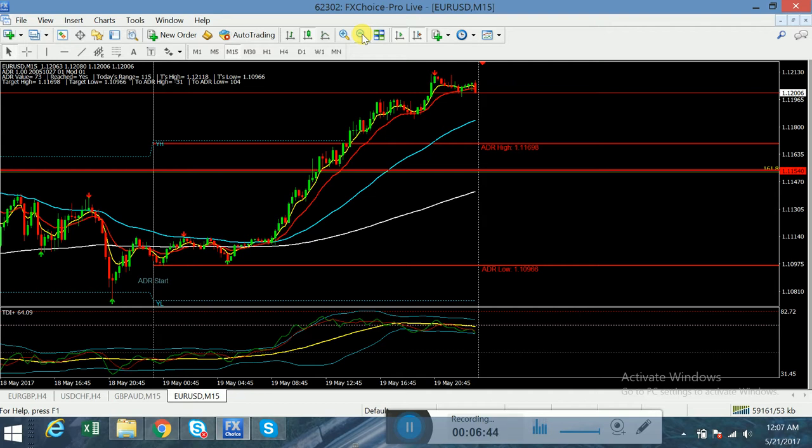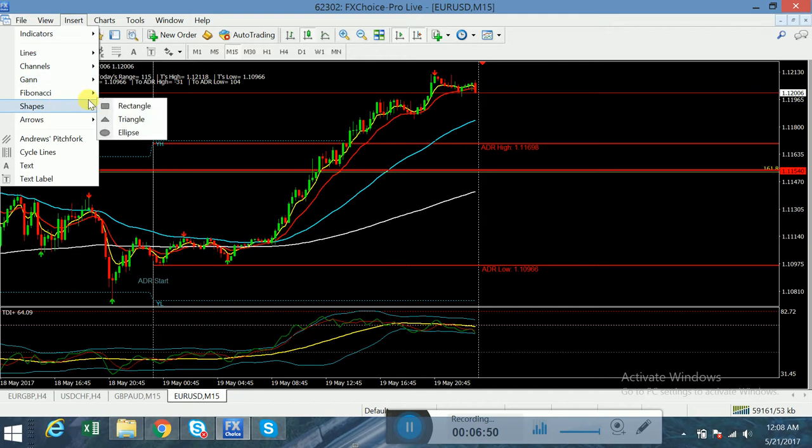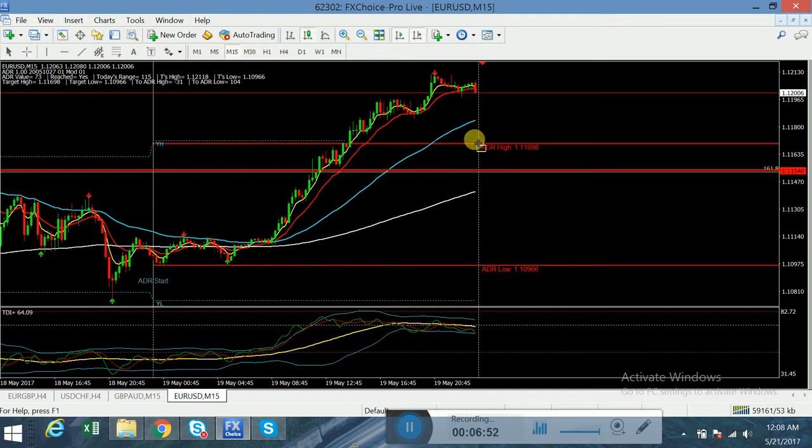Now if you take a look right in this zone here, right in this area in between 1.1169, this red line, and this red line, we're right below yesterday's high, or Friday's high, which is the area where the volume is trapped from last week.